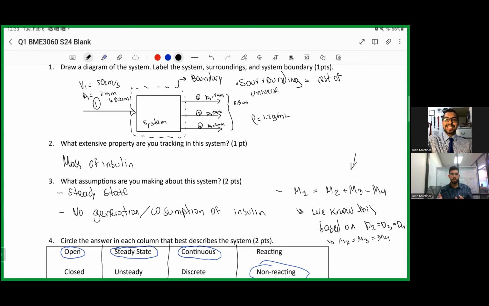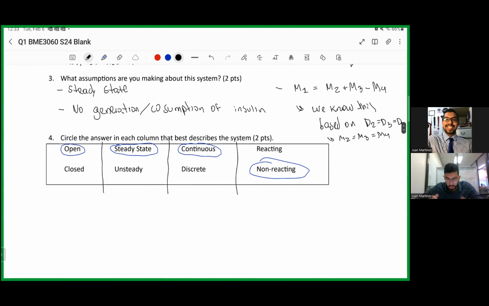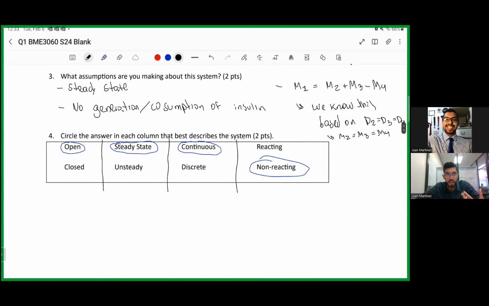Since all streams are the same, you can state your final answer in whatever grams over seconds we get. What I want to point out here is that you can do this before starting calculations: start thinking about, okay, how can I approach this? What can I do?